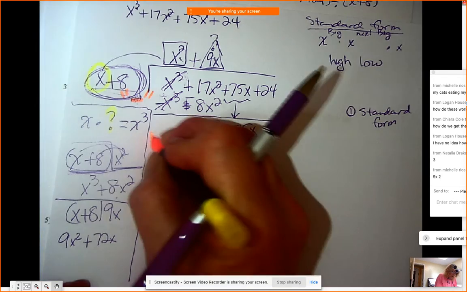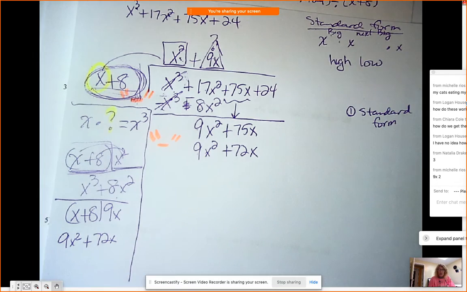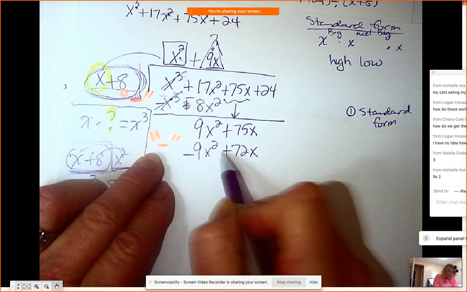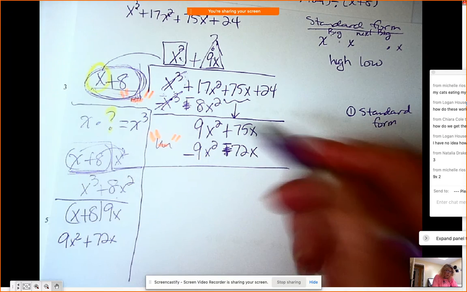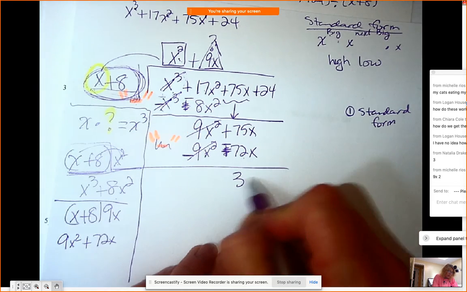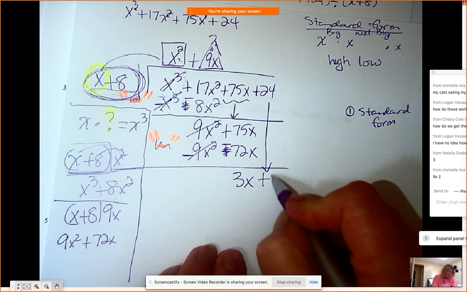Remember, when you subtract normally with numbers, you never write that minus sign. But I want you to know it's there and we need to deal with it. So it says, give me the opposite of this. I'll do opposite there. I'll cross this out and make this negative. Okay, now we're going to combine. These go away. 75 and a negative 72 is 3x. Then we drop down the last term, plus 24.